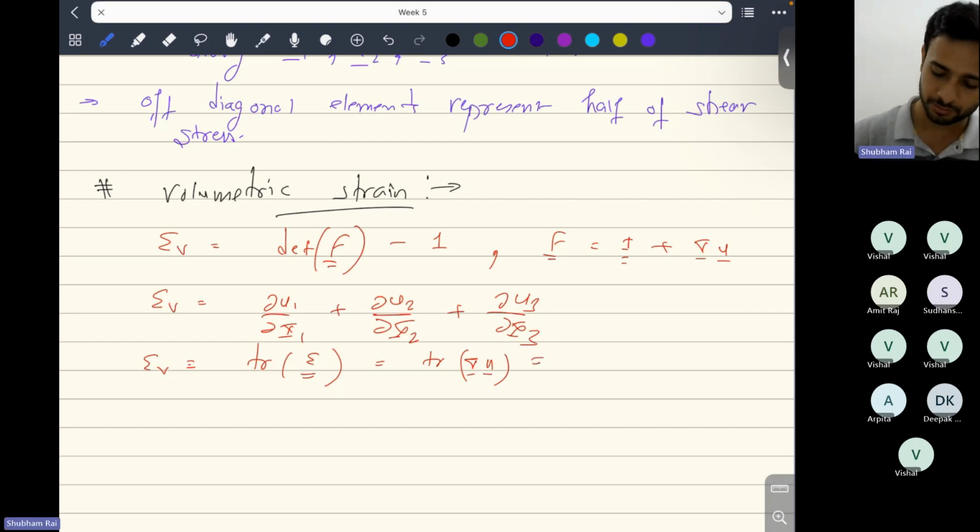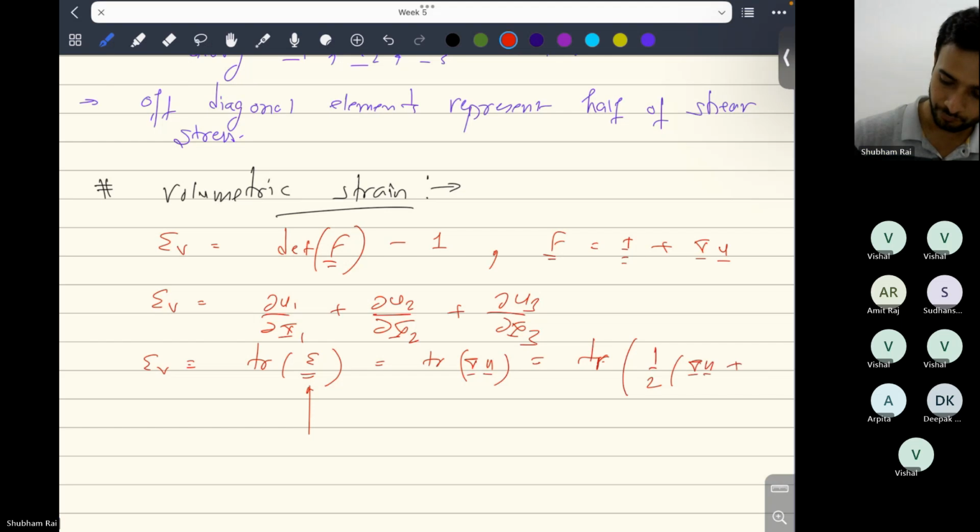Then you can substitute the infinitesimal strain tensor, which is given by half of grad u plus grad u transpose. Okay, these are the three formulas.